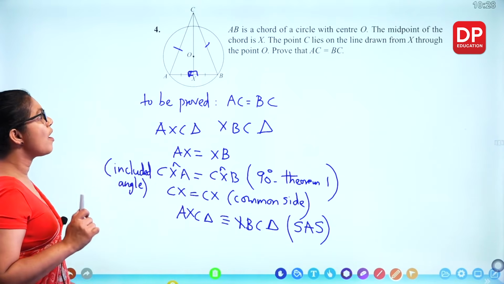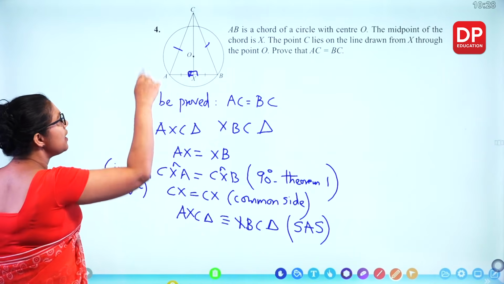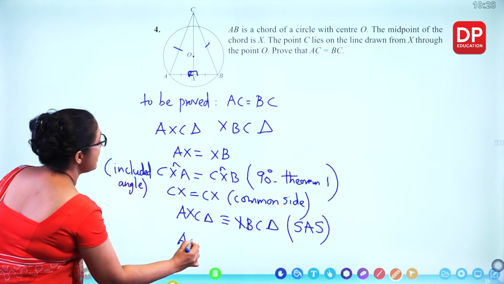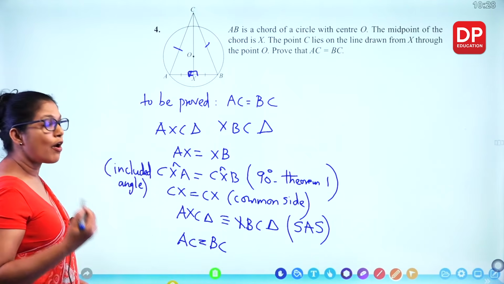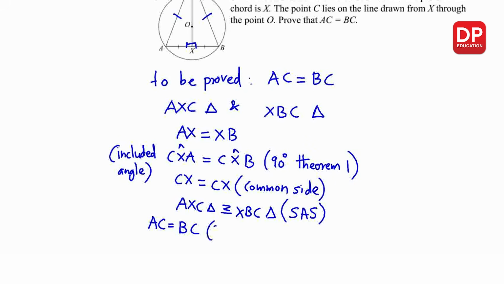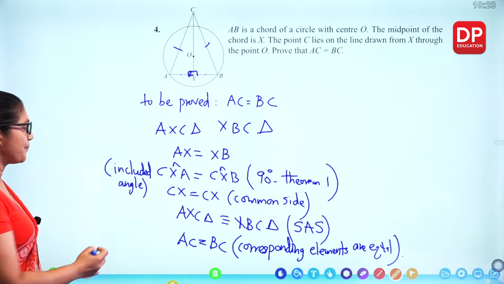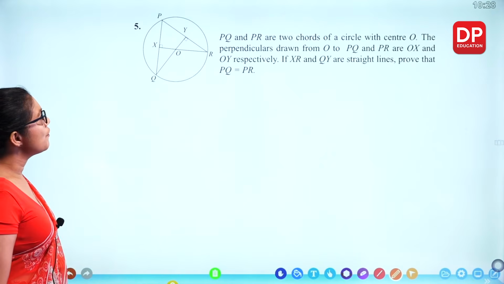So if these two are congruent, we can straight away write down AC is equal to BC because the corresponding elements are equal. So that's how we can show that AC is equal to BC. Now we'll look at the fifth question.